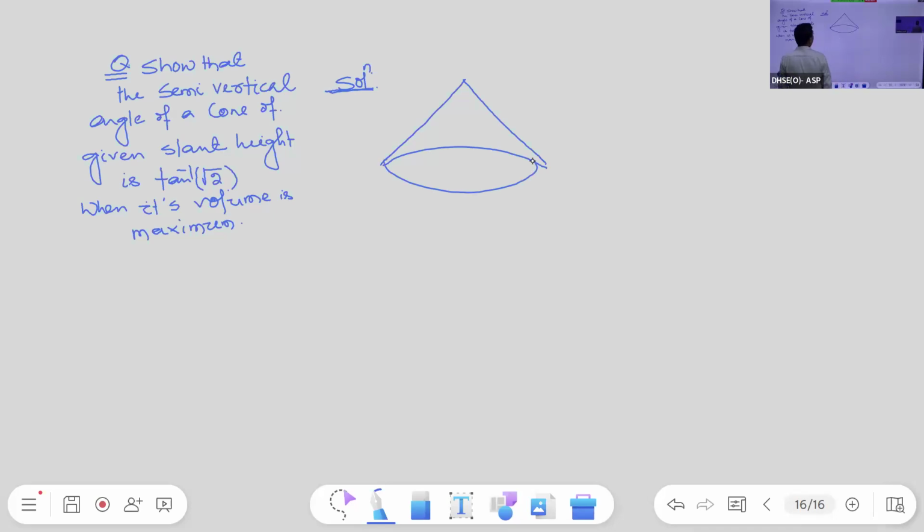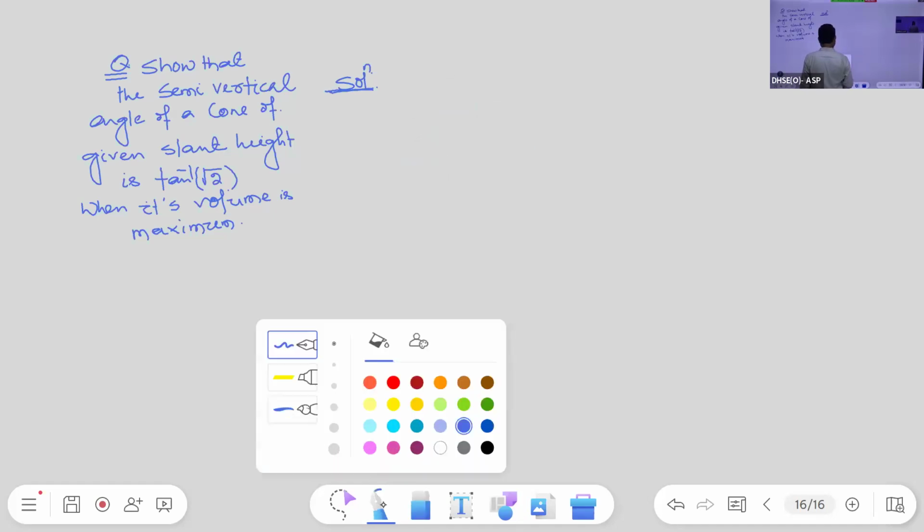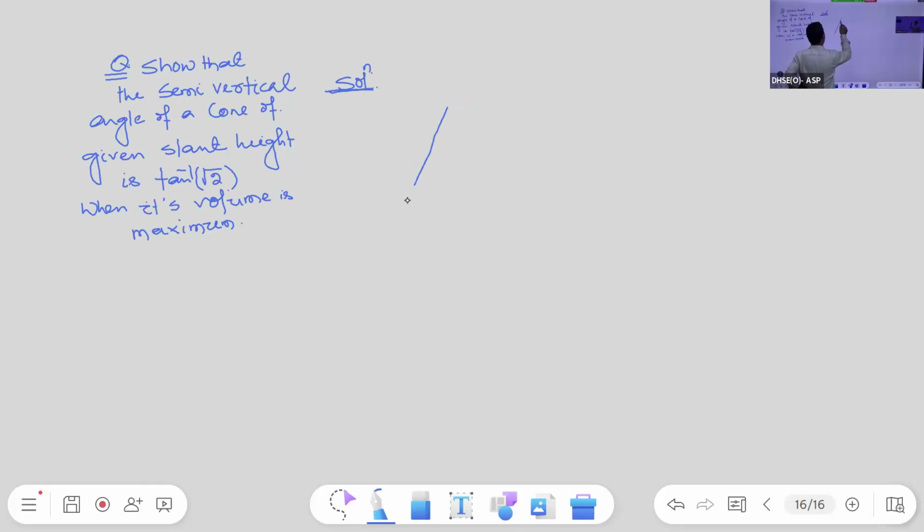The cone, okay. Let r be the radius, h be the height of the cone, and this one is the slant height.